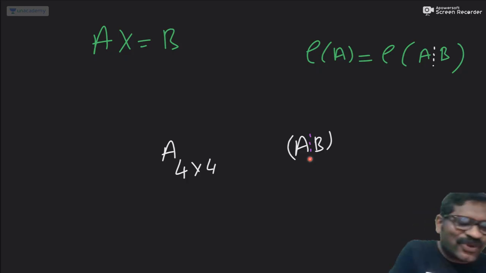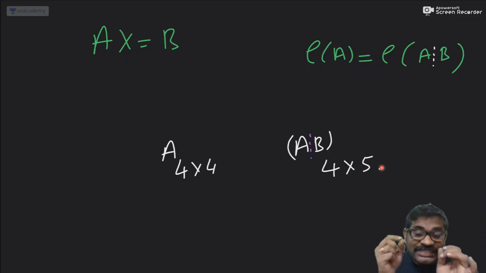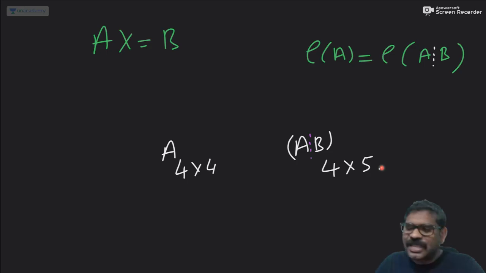Okay. So 4 cross 5. Please concentrate. A is 4 cross 4 and AB is 4 cross 5. Just 1 column is extra. 1 column vector is extra than A.